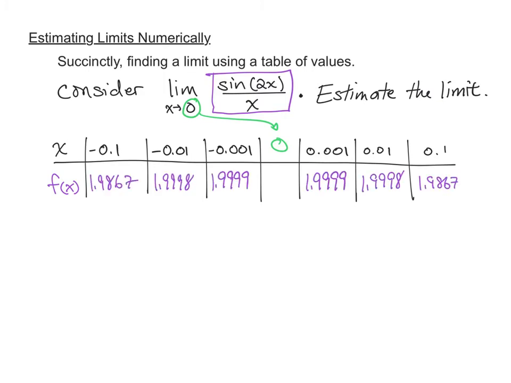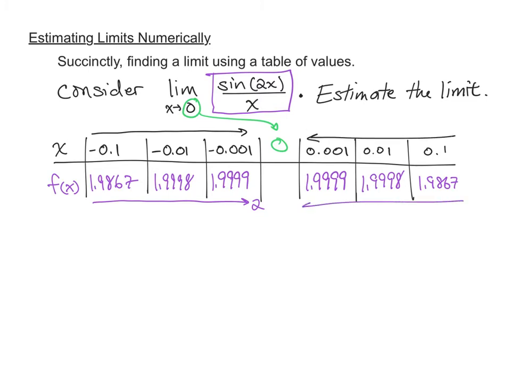And when you look at these values, as x approaches 0 from the left, down here, these function values, or y values, get closer and closer to 2. And on the right side, as x approaches 0 from the right, these function values get closer and closer to 2.